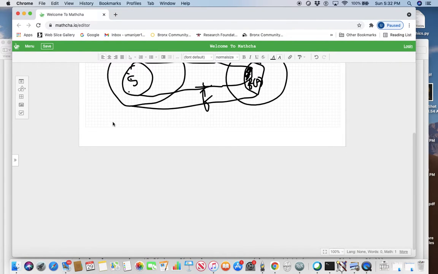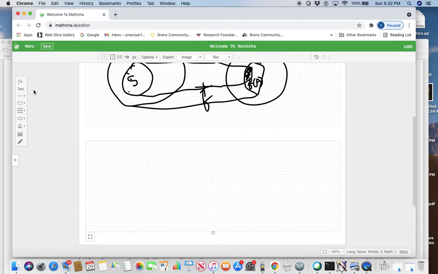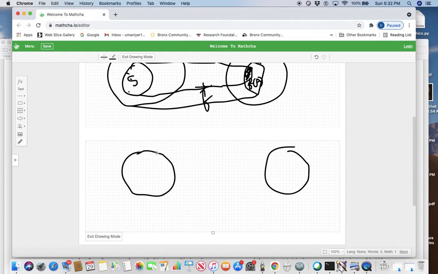Let's imagine a set A and a set B, a Venn diagram. And suppose you have a function which maps from A to B. Now, suppose you have any two elements, a and b.